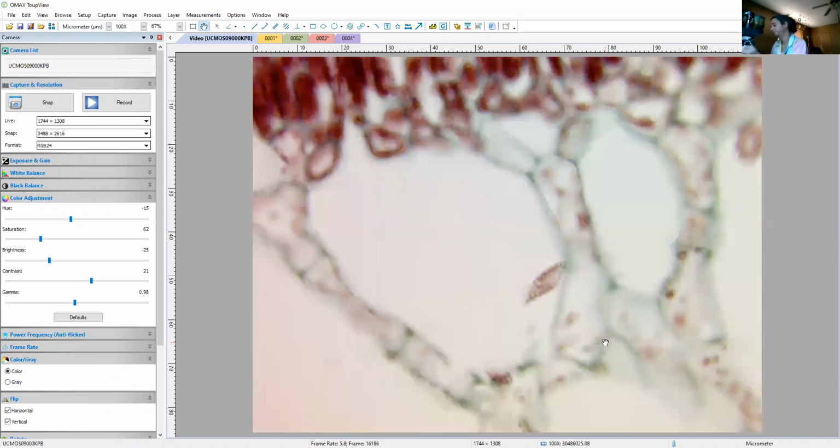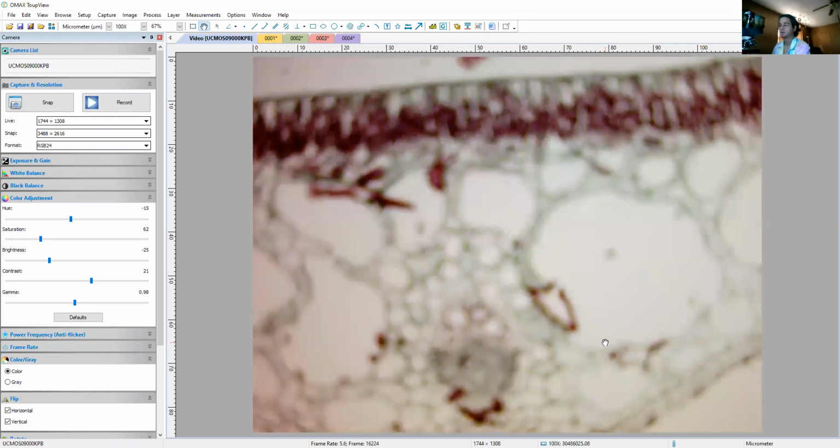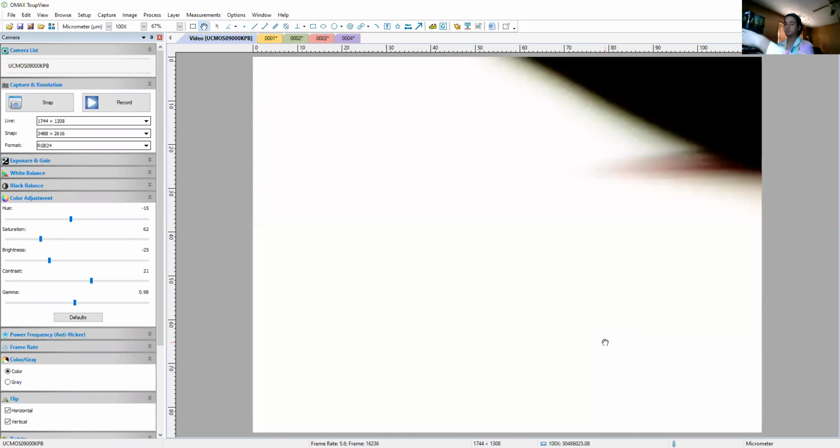There we go. We're going to have to zoom out for this one. Might even have to zoom out a little bit more.